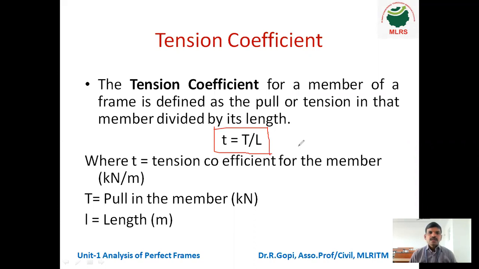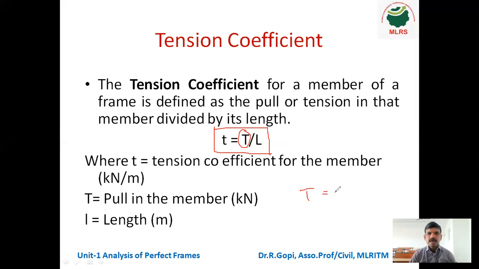Now you can understand one thing. We don't want the tension coefficient itself; we need this T, the tension in the member. We initially assume all the members are subjected to tension force.